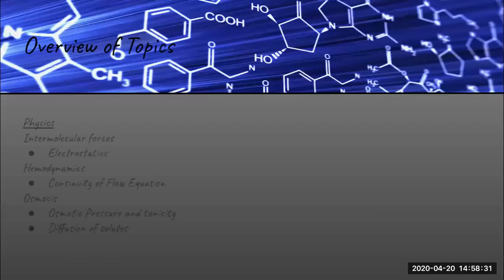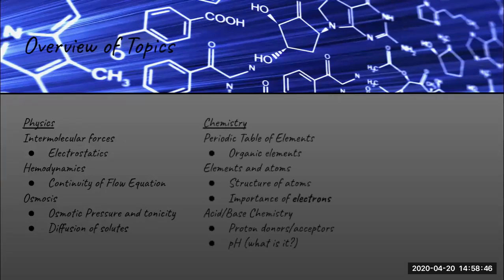So the overview of the topics I'm going to cover here: in the physics category, we're going to talk a little bit about the forces that are involved, intermolecular forces, hemodynamic properties of blood, and osmosis. On the chemistry side of things, reviewing what elements are and the organic elements and how those are important to life, a quick review of structures of atoms, and then a slide about acid-base chemistry.